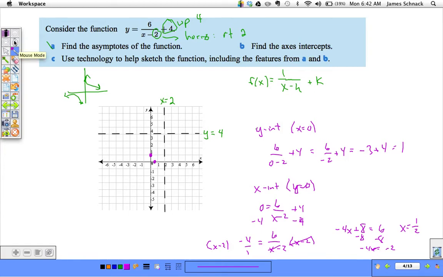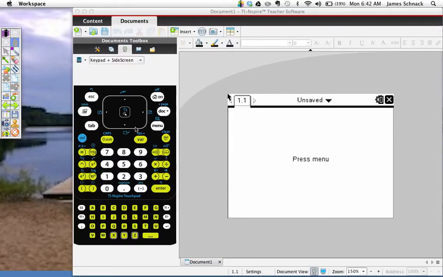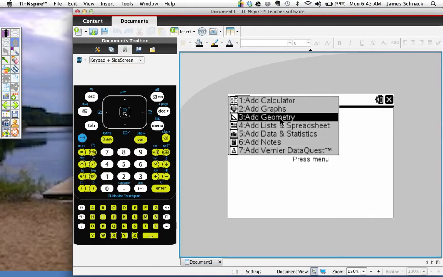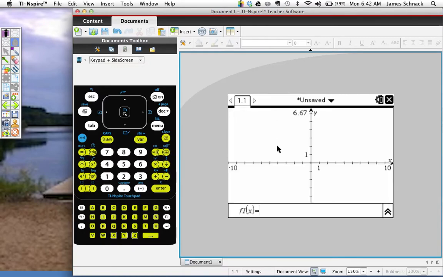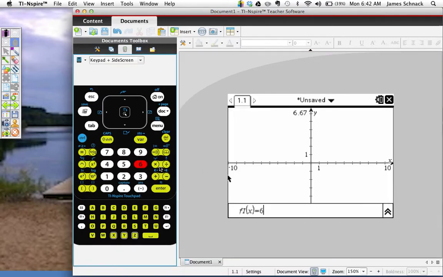To get a better graph and really to do all of this stuff in the pink here, we could have gone to our calculator. I'm going to throw in a graph page, and we have 6 divided by x minus 2, and I forgot my parentheses.